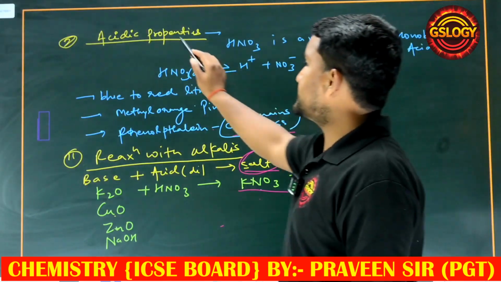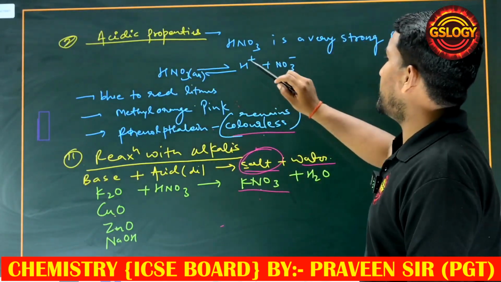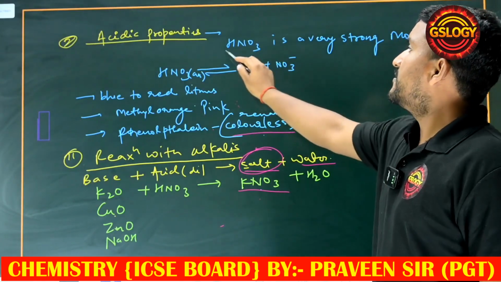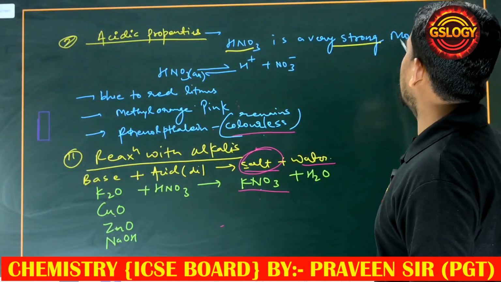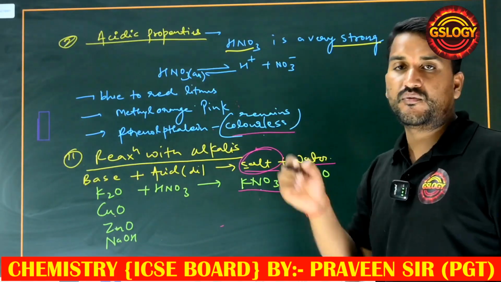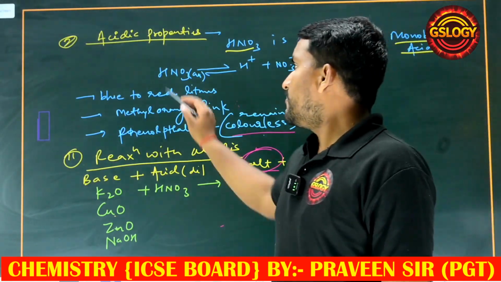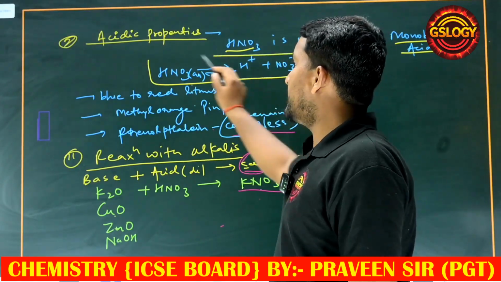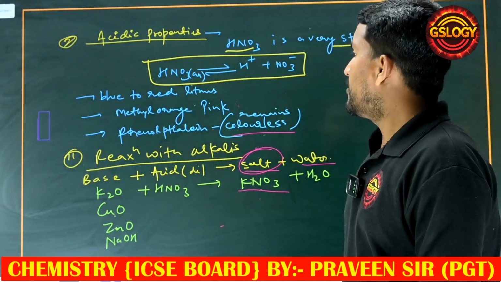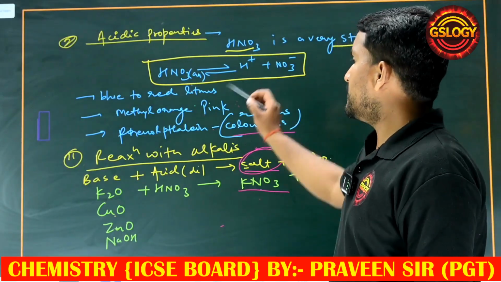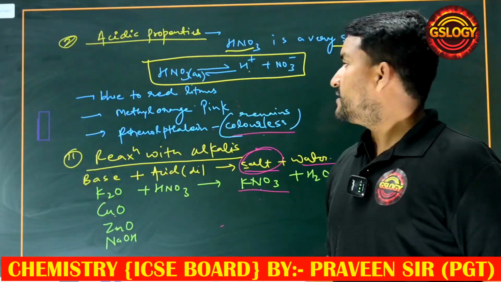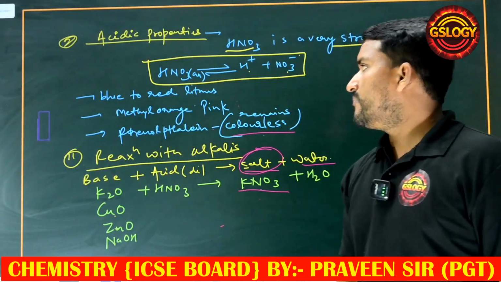Next, acidic property. Nitric acid is a very strong monobasic acid. Monobasic means that on dissolving, it gives H plus and NO3 minus.